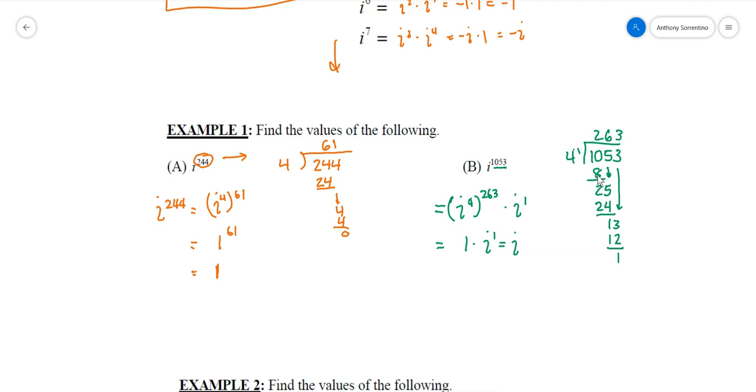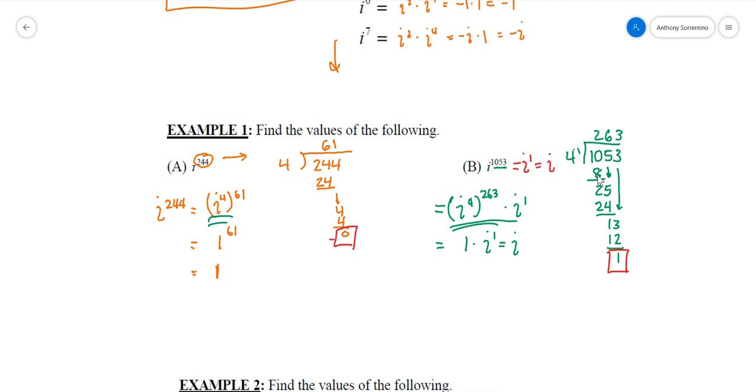An even more shortcut, I'm showing why this works, because you could split it into something in terms of i to the 4th power. In the end, if you want an even bigger shortcut, once you carry through the division, whatever your remainder ends up being, that's the new power of i that it's going to be equal to. So I could just as easily say, okay, from this division, I know this equals i to the 1st, which just equals i.